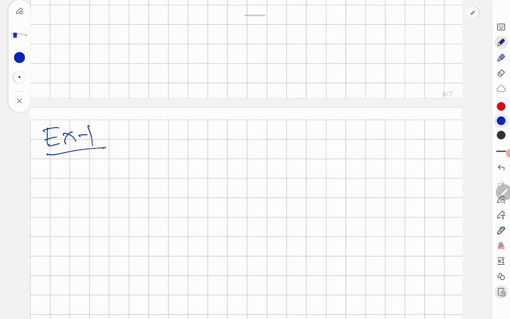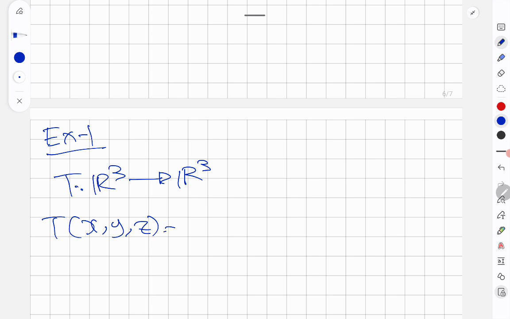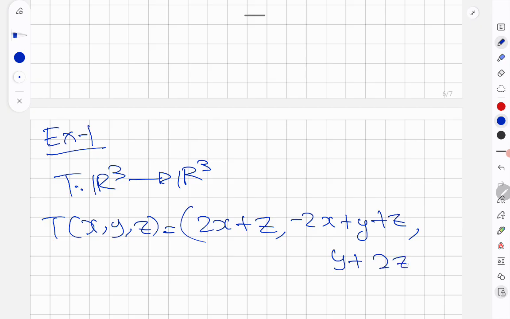I have picked two questions. The first one I will solve, and the second one is for you. But both of them are solved. So consider a linear map T from R3 to R3, and it's given as T(x, y, z) = (2x + z, -2x + y + z, y + 2z).